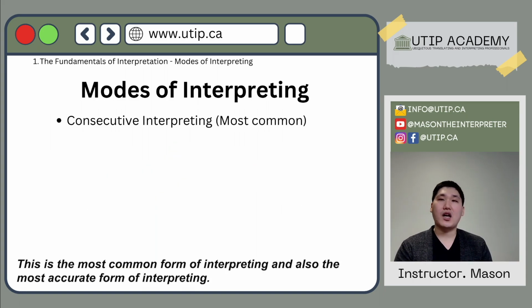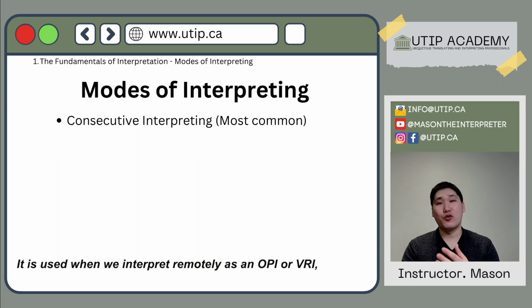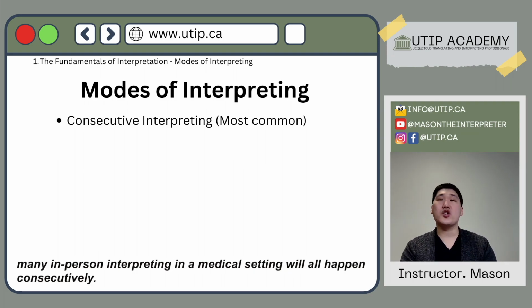This is the most common form of interpreting and also the most accurate form of interpreting. 99% of the interpreting that I will be talking about in my videos will be done as consecutive interpreting. It is used when we interpret remotely as an OPI or a VRI. Many in-person interpreting in a medical setting will all happen consecutively.